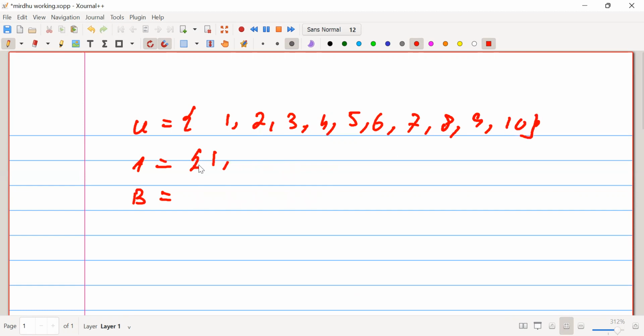Set A we can take as prime numbers: 2, 3, 5, 7. Set B can be odd numbers: 1, 3, 5, 7, 9. Set of prime numbers less than 10, set of odd numbers less than 10.